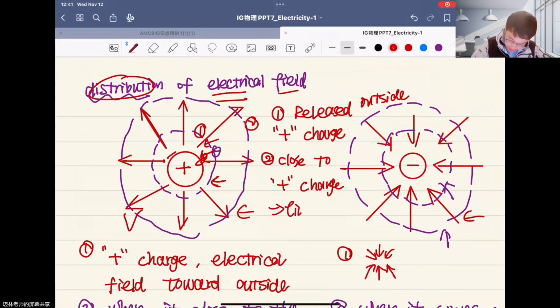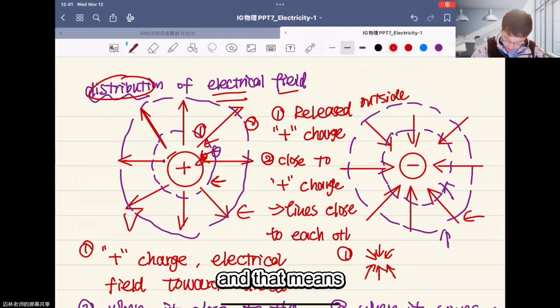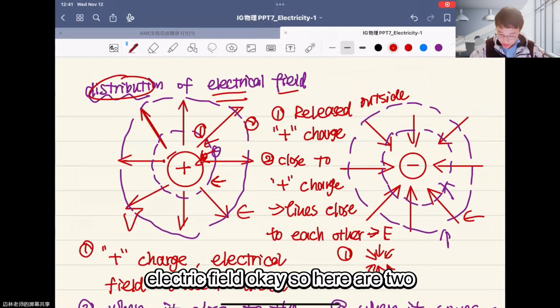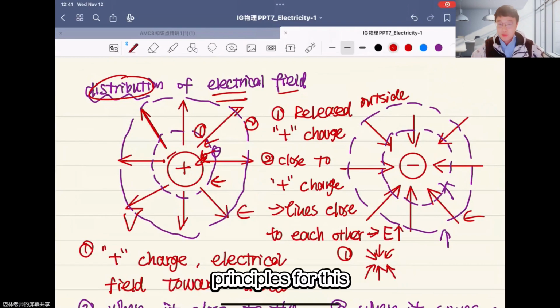So close to the positive charge means the lines are very close to each other, and that means it has a very strong electric field. So here are two principles for this.